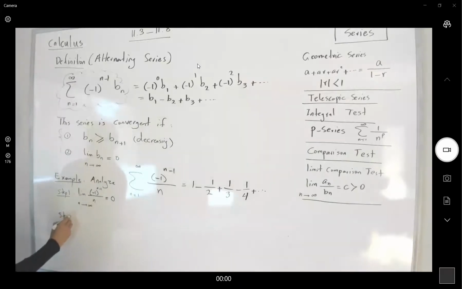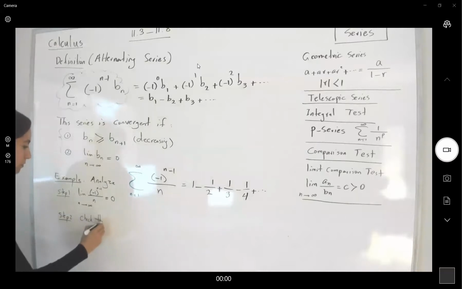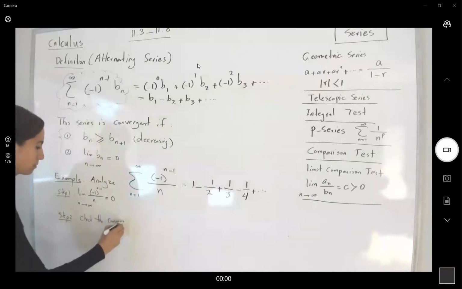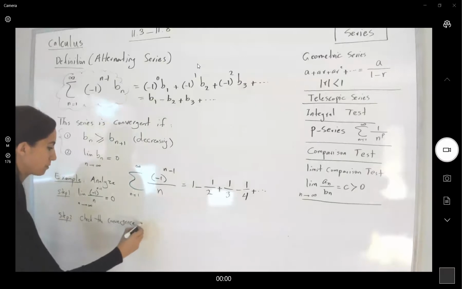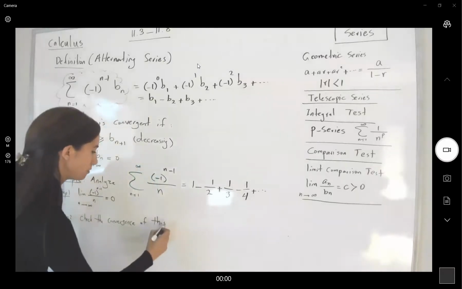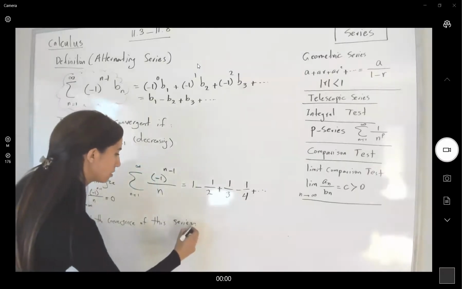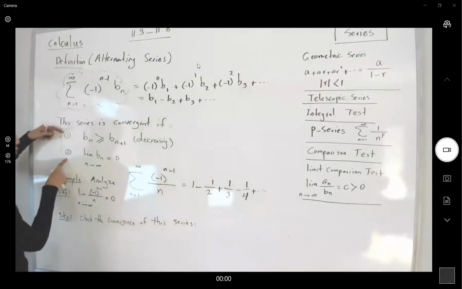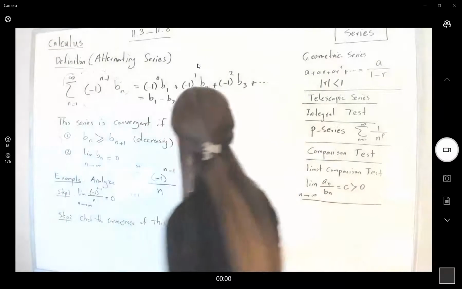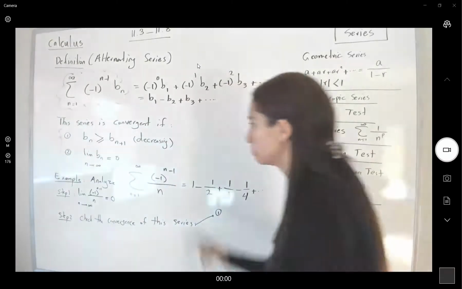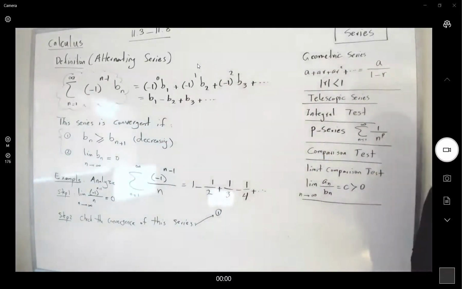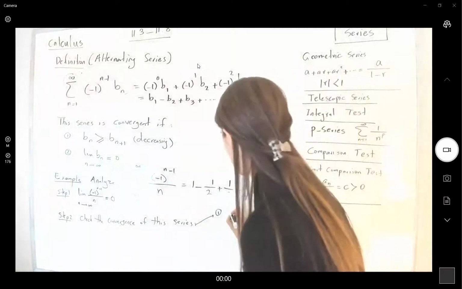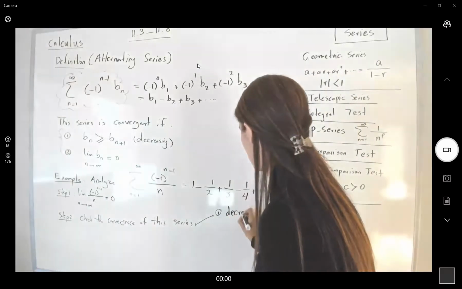Step 2, check the convergence of this series. What do we have to check? We have to check 1 and 2. 1 says, well, bn must be greater than or equal to bn plus 1. It must be decreasing.